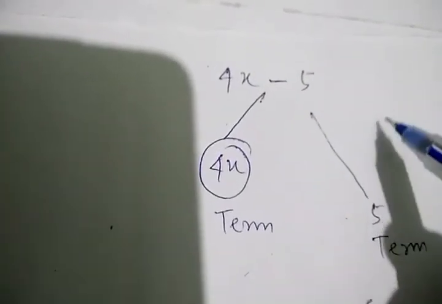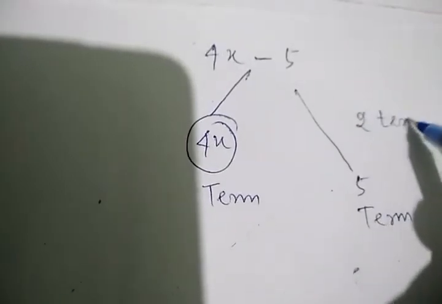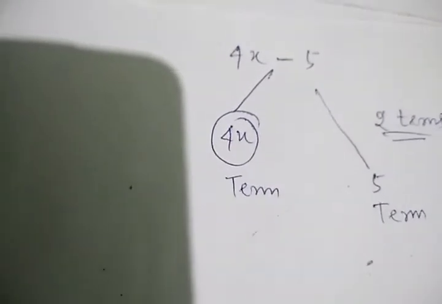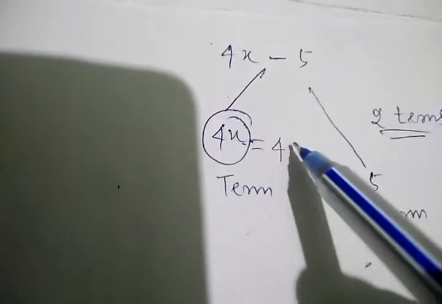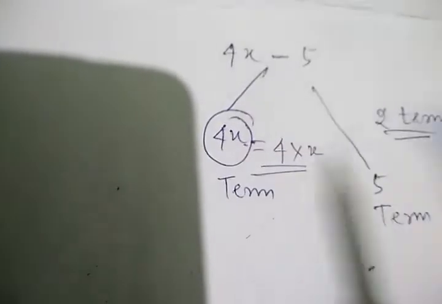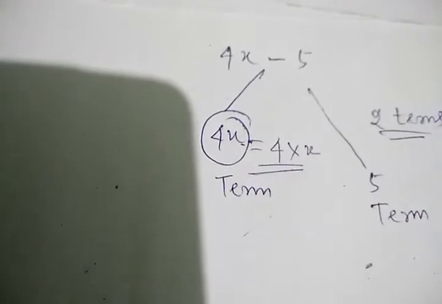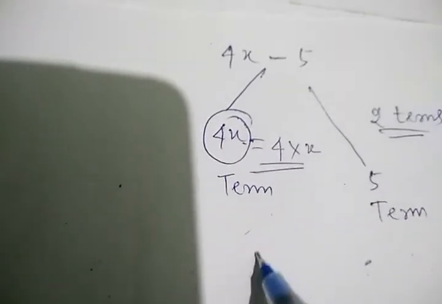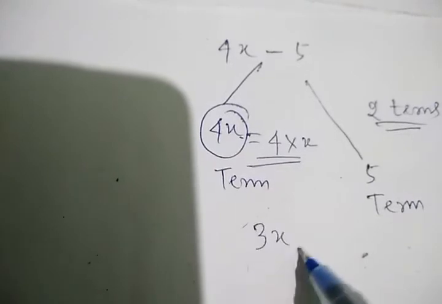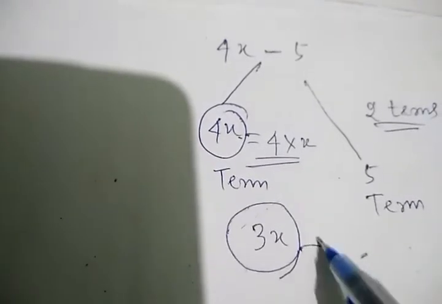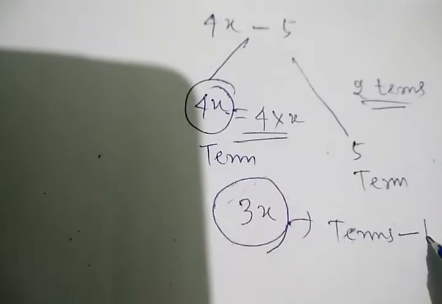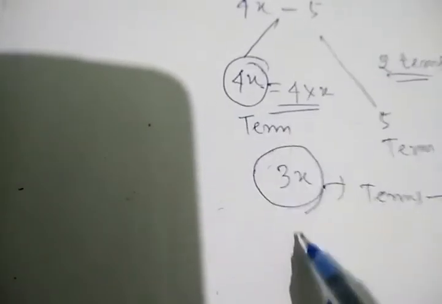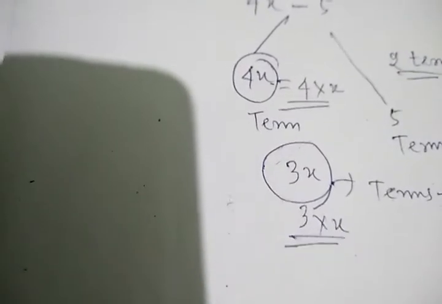So it has how many terms? 2 terms. Clear? And again 4x, how is it formed? This is 4 into x. And just tell me here 3x, how many terms? Here it is 1 term. How is it formed? 3 into x. This is only 1 term.